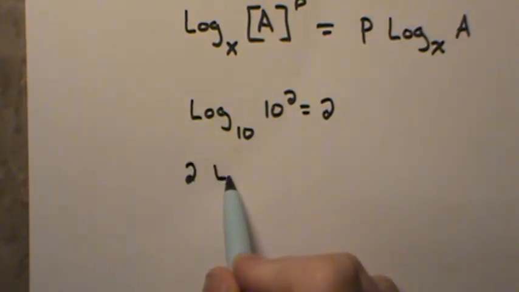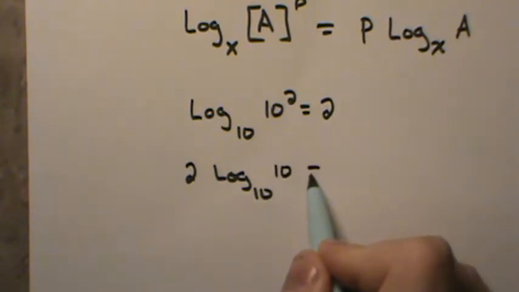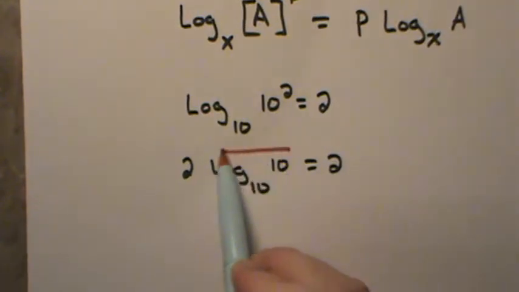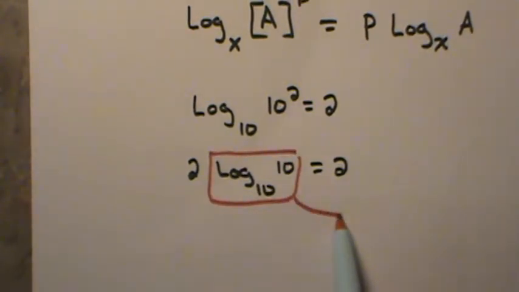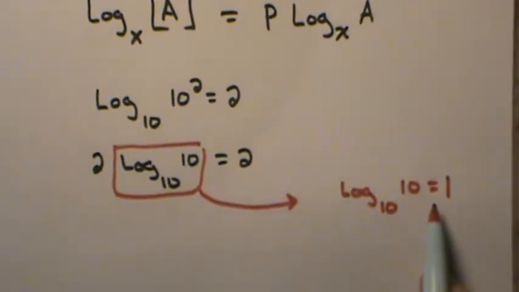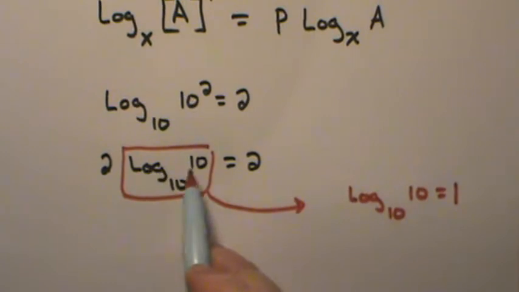So I get 2 log base 10 of 10 equals 2. And if you focus on the log base 10 of 10 part, 10 raised to what power is 10? 1, right? So I could replace all this just with a 1, and 2 times 1 is 2.